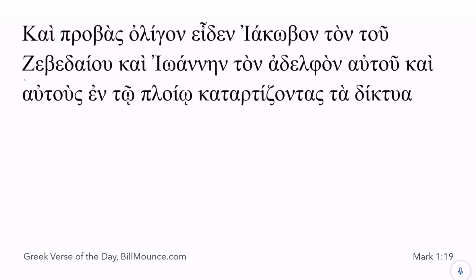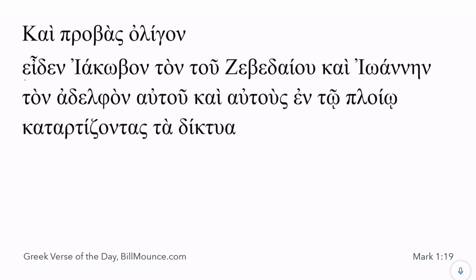When it comes to phrasing, I am going to run out of screen space here, so I'll leave some things online. So going on a little further, and again, oligon can be either spatial or temporal, so going on a little further or going on for a little longer in terms of time. He saw two people, and here's what I'm going to do to save a little bit of space.